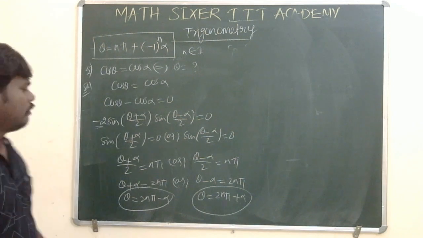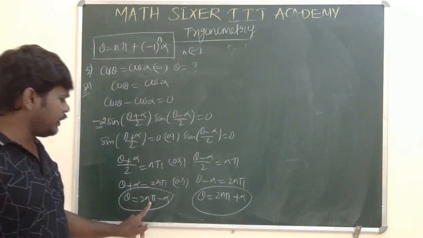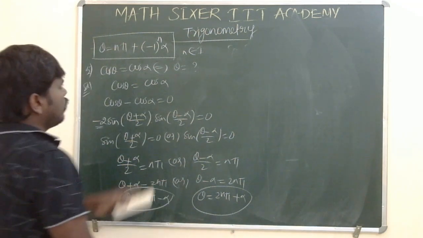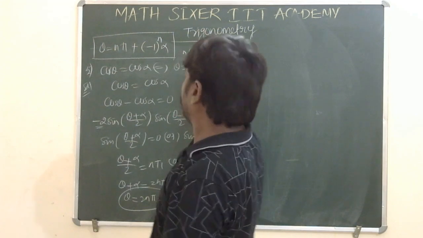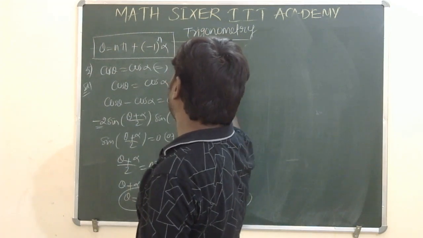So when cos theta is equal to cos alpha, theta is equal to 2n pi plus alpha or 2n pi minus alpha. What we can write is 2n pi plus or minus alpha.